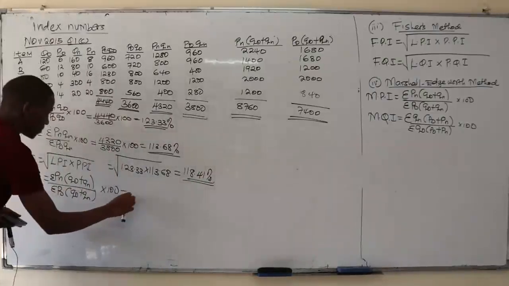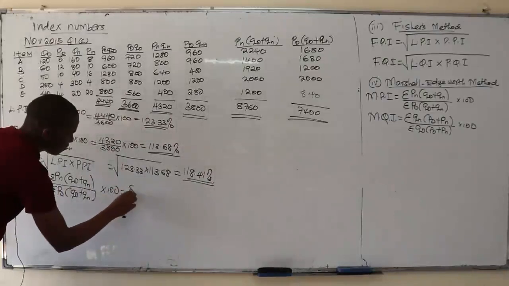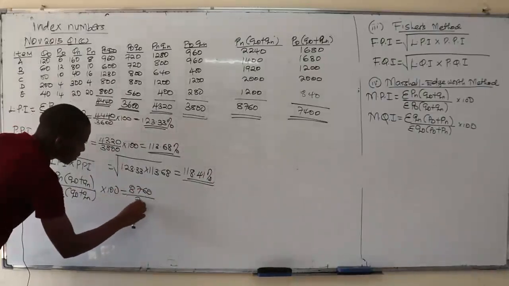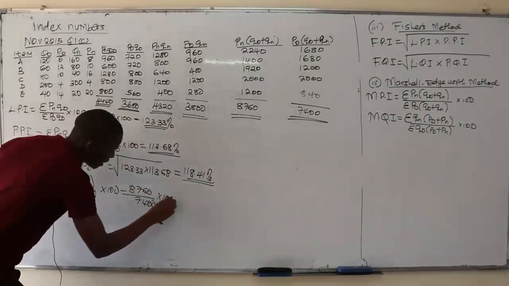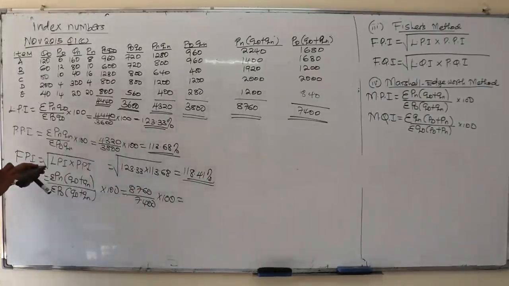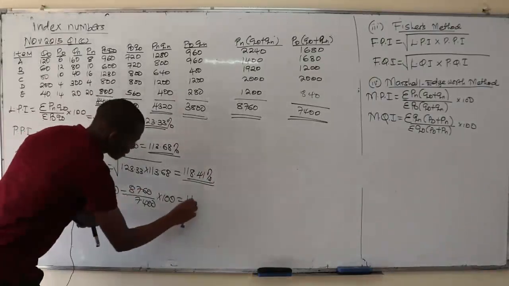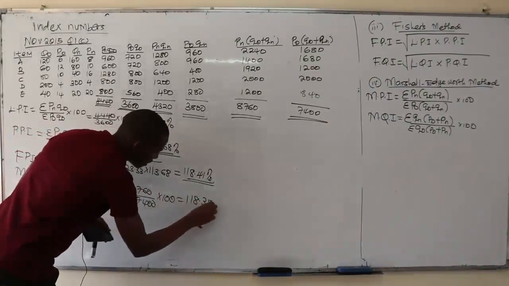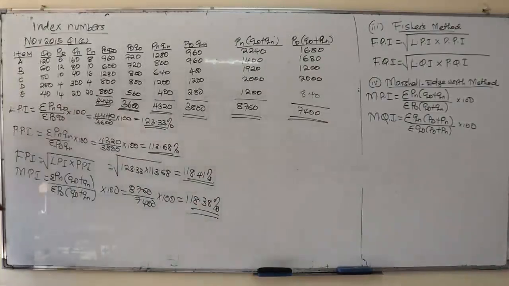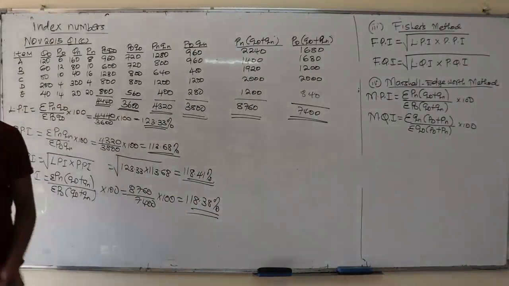Then the last one, the Marshall index: 8760 divided by 7400 multiply by 100, which in that case is 118.38%. That is how you get those values. So you see it is easy. If you know the formulas, it is like that. Are we together? Yes. If you know the formulas, in that case, you are done.